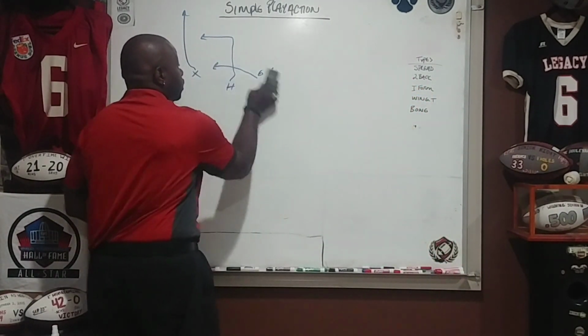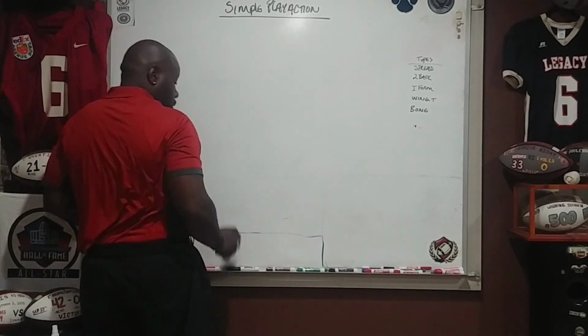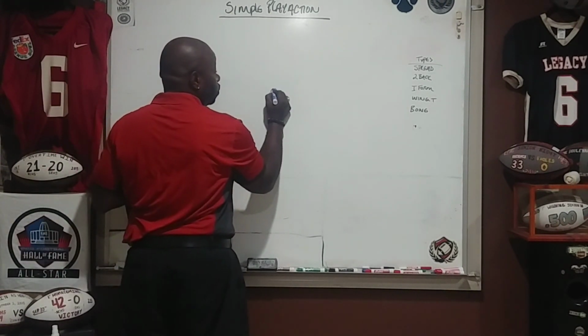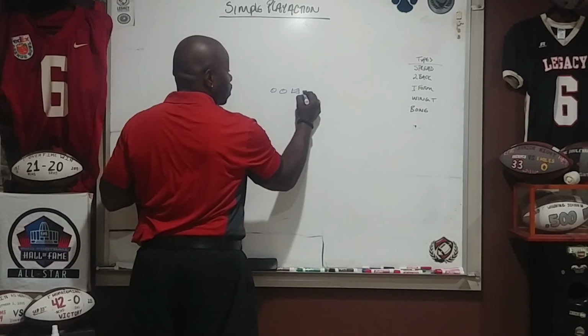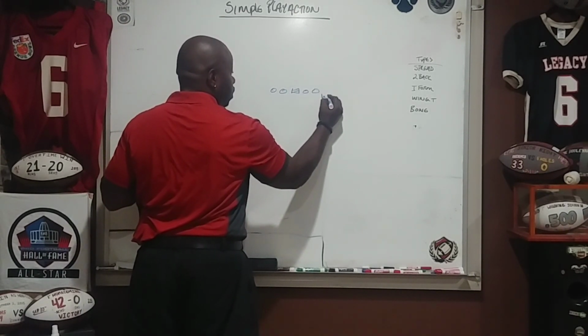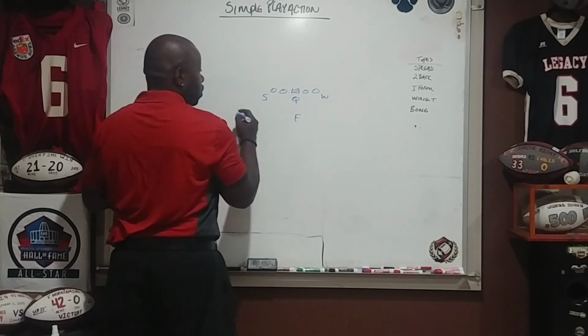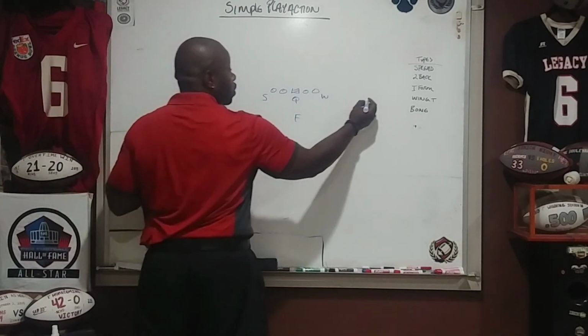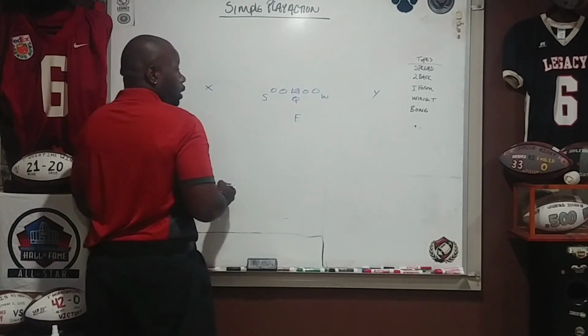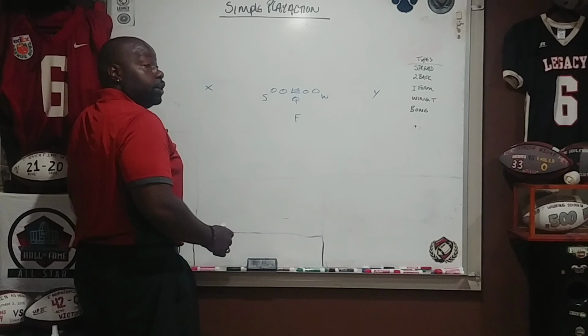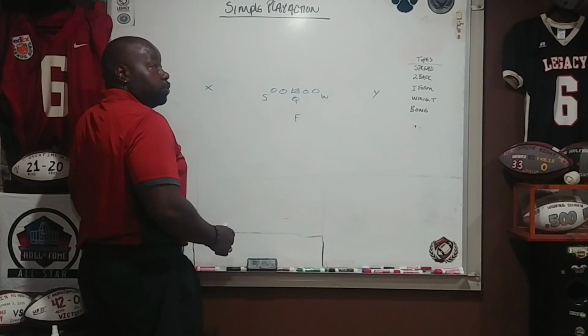All right, next, we'll talk about a concept out of the wing T. So now out of our wing T concept, let's put a little mix on it and run a counter boot concept.